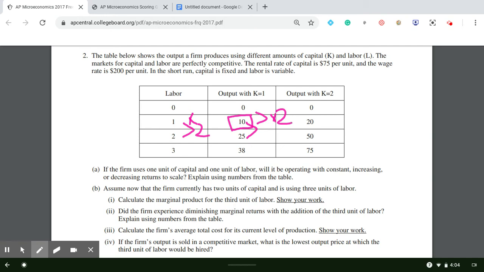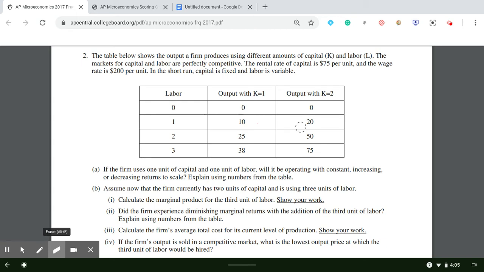So if it were constant, I would expect that this second piece of labor would produce 20. If it was decreasing returns to scale, it would be less than 20, but this is increasing returns to scale because it's greater than 20. So yeah, that's basic with that. That's what you could explain.